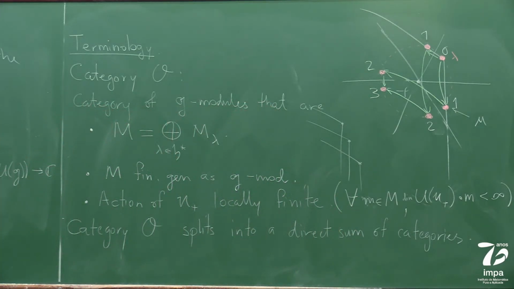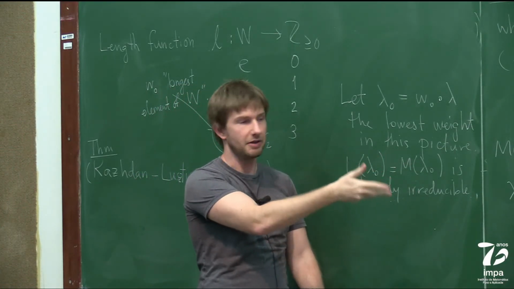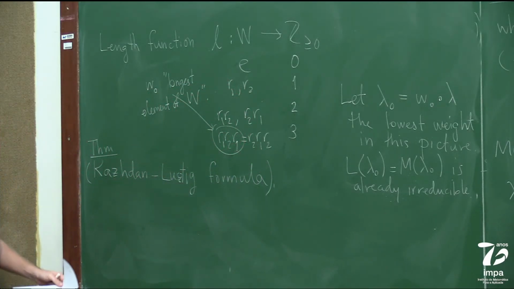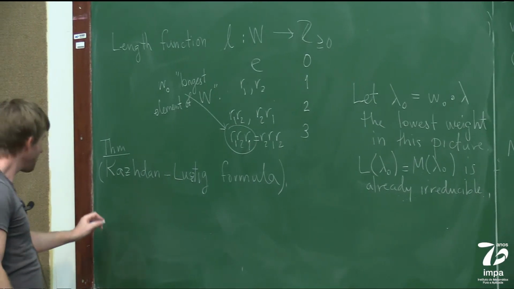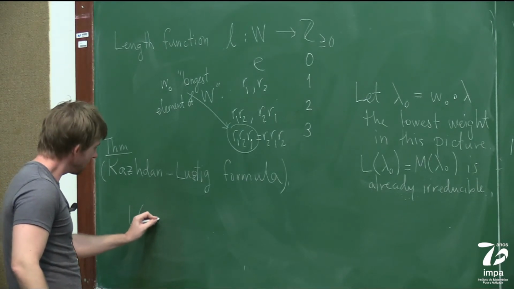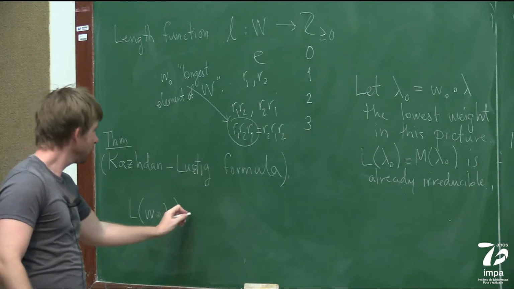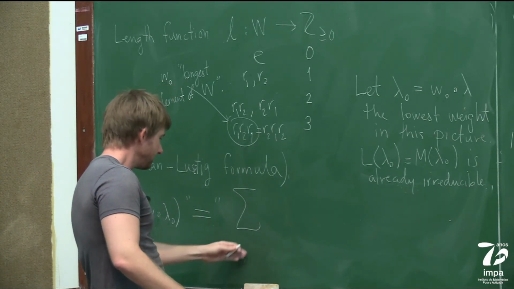So that module, the irreducible module, is very simple. It's just equal to the Verma. Or to say it another way, the Verma is already irreducible. And then the formula says what happens as you go back up. So if you look at L, W applied to lambda, then it's going to be equal, in a certain sense, to a sum.